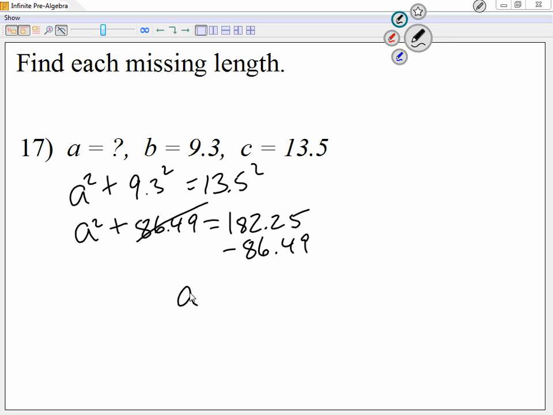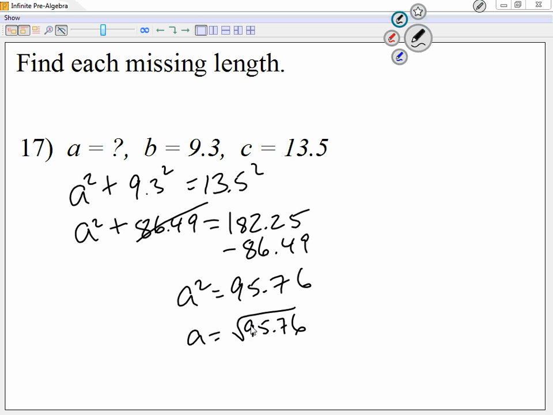So a squared is 182.25 minus 86.49. I get 95.76. That means that a is the square root of 95.76.